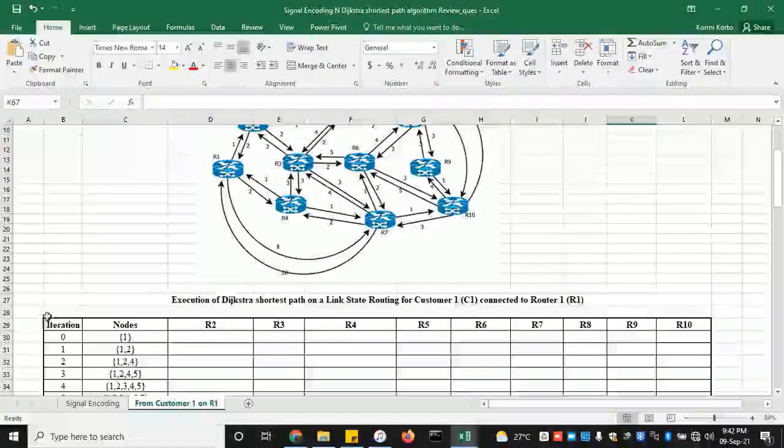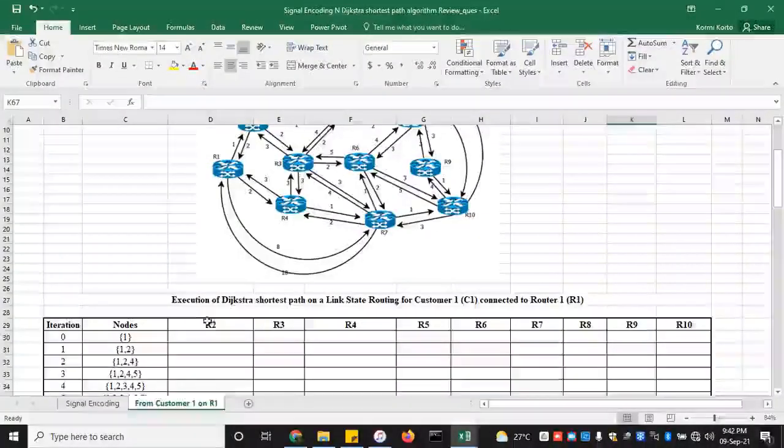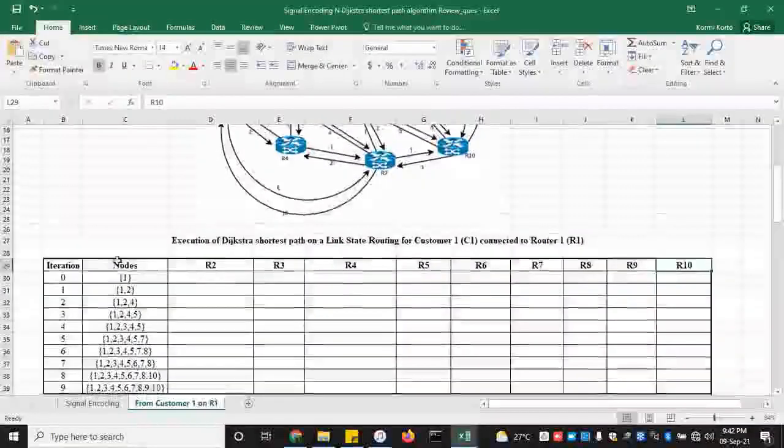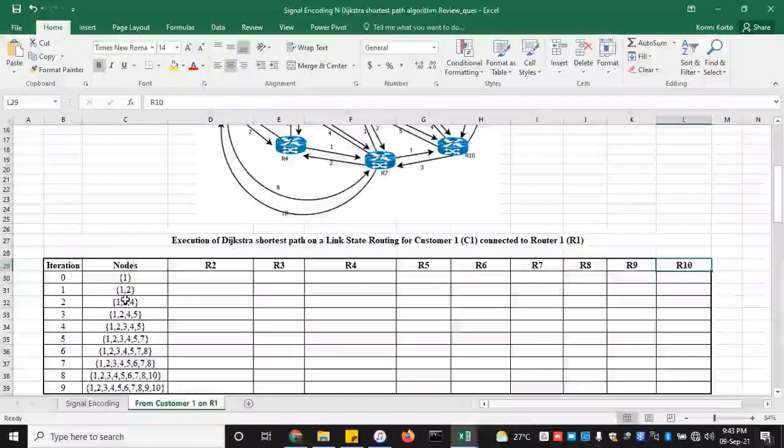So I have my table and I've listed all of them. Obviously, we can't include router 1 because the customer is connected to router 1, so router 1 is going to be eliminated. Every other router will be listed: router 2, router 3, 4, 5, 6, 7, 8, 9, 10. So basically all 10 routers besides the one that the customer is connected to. And the possible nodes that you can use for the transmission are all listed.